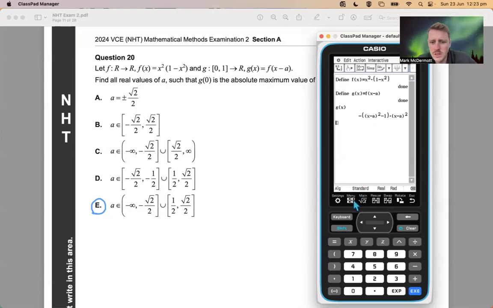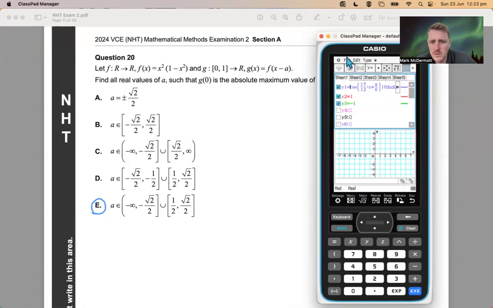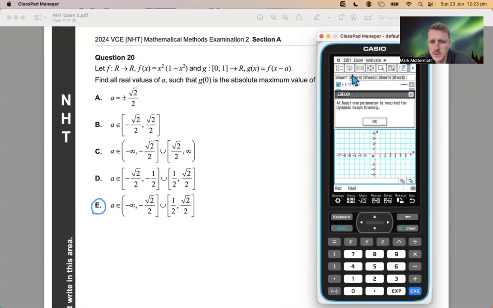Okay, what we want to do is now we want to go and sketch it. So go to menu, go to graph and table, clear all this. F of x. Okay, let's do f of x minus a, or just g of x, right? And that's that, and we want to dynamic graph it. Of course it doesn't want to do it. What if I just try f of x minus a?